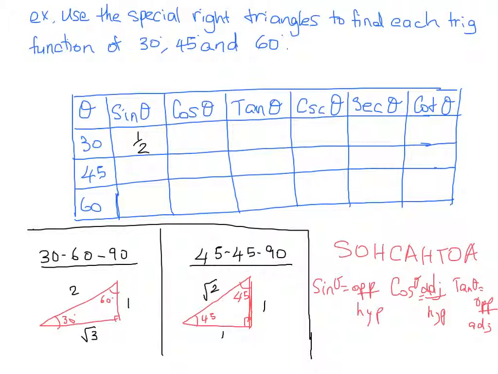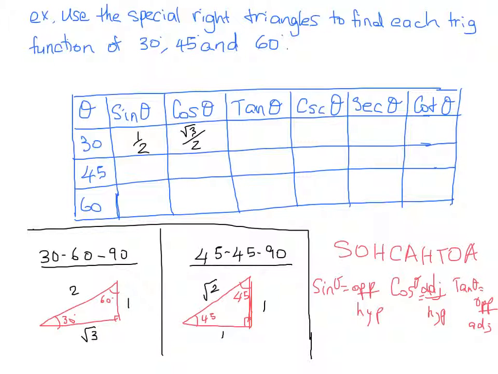Alright, we can do the same thing for cosine theta, or cosine 30. So cosine 30 is equal to adjacent over hypotenuse. So adjacent is root 3 over hypotenuse, which is 2. So we have here root 3 over 2.